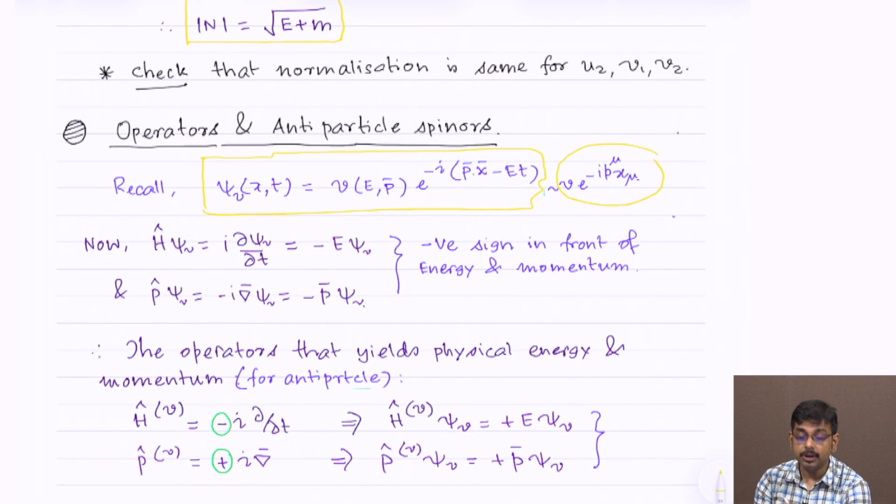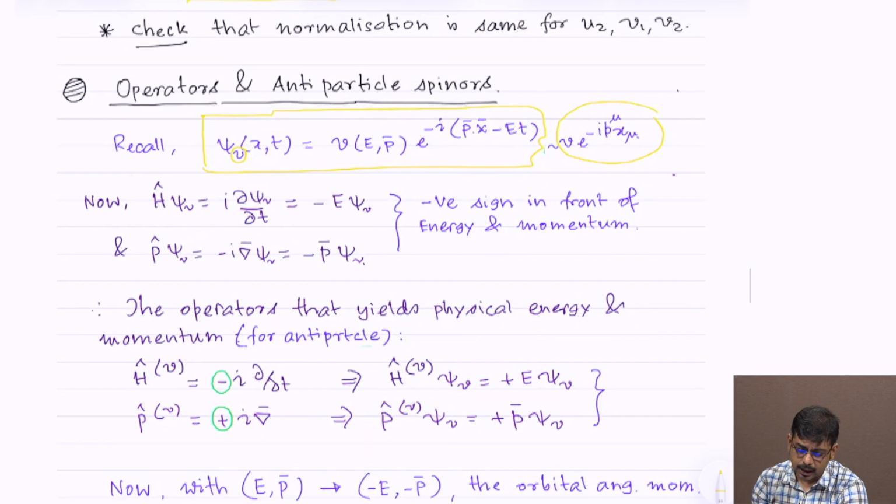Now, take the Hamiltonian operator, this is i del by del t of psi v. Let us put an explicit v beneath to make it clear that it is an antiparticle solution or antiparticle spinor that we are seeking. So, H psi v will be i del by del t of psi v. Now, what is that? That is going to be minus E psi v.